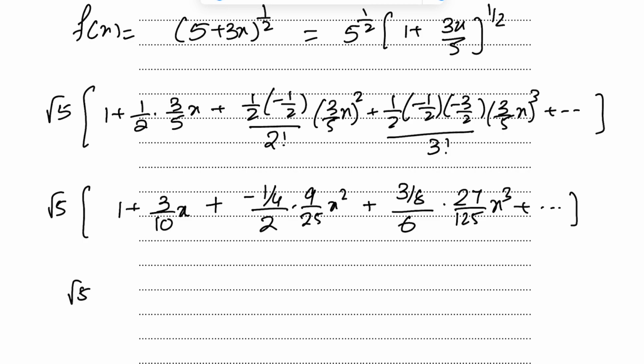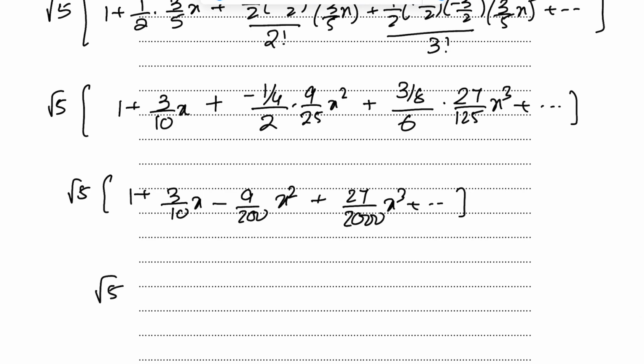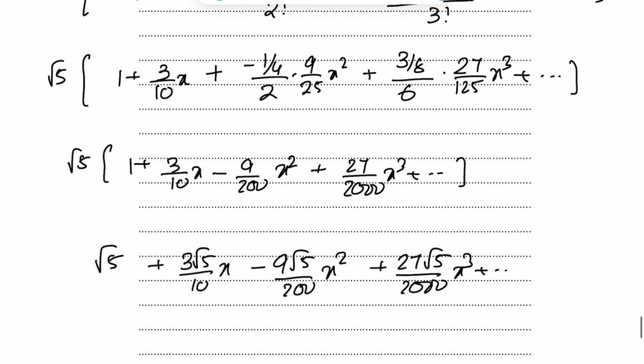It becomes square root 5 times 1 plus 3 upon 10 x minus 9 upon 200 x squared plus 27 upon 2000 x cubed and so on. So that becomes square root 5 plus 3 square root 5 upon 10 x minus 9 square root 5 upon 200 x squared plus 27 square root 5 upon 2000 x cubed and so on.